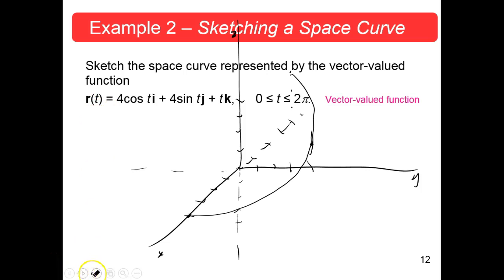Let's now do t is equal to 3 pi over 2. What is the cosine of 3/2 pi? 0. So the x is 0. What's the sine of 3 pi over 2? -1. So you got 4 times that, so it's -4.